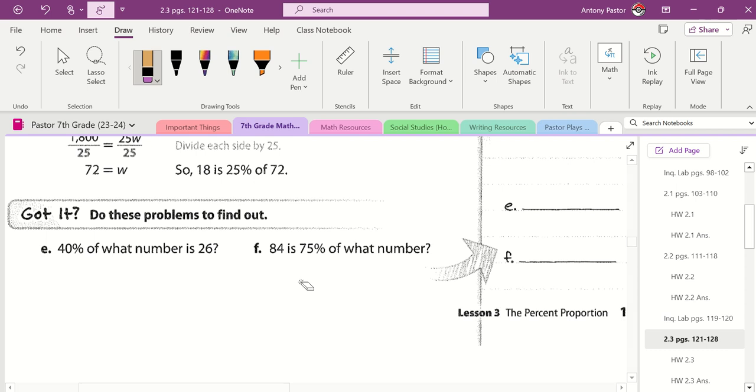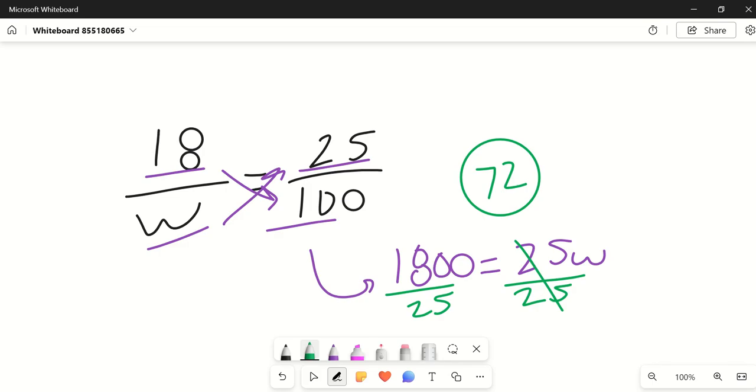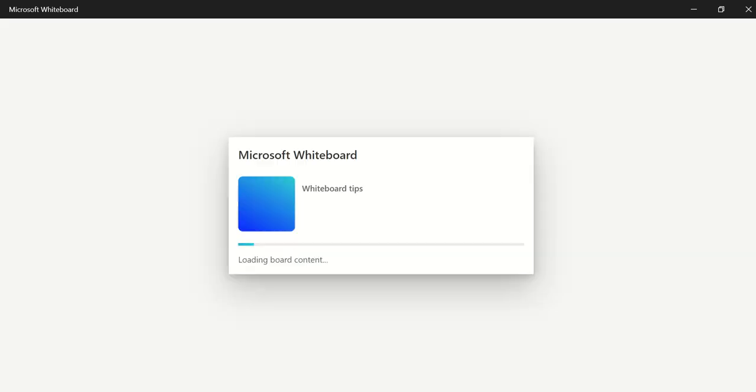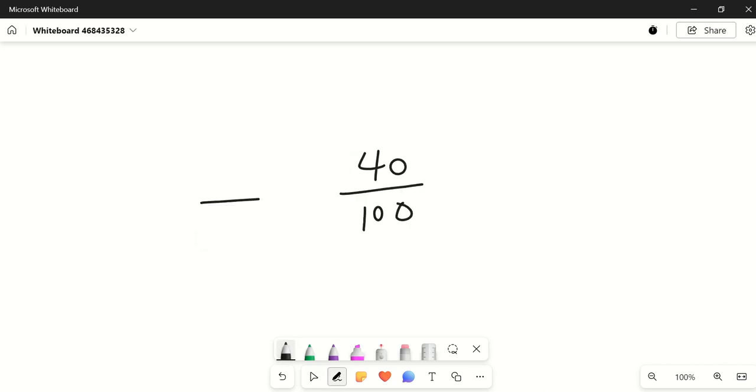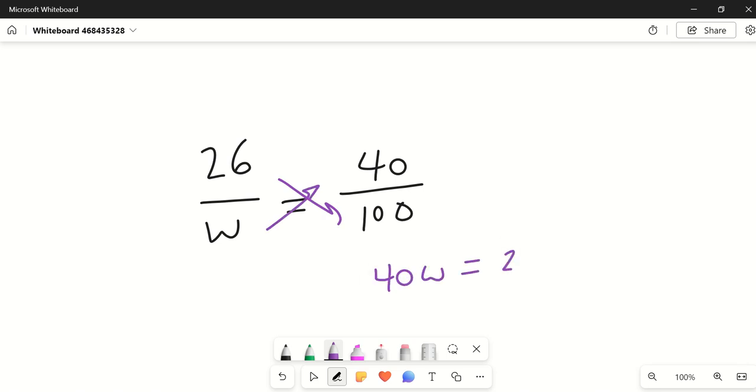40% of what number is 26? So I've got 40% of what number, so we don't know the number, is 26. So 26 is my top number. We're going to multiply across. 40W will equal 2600.